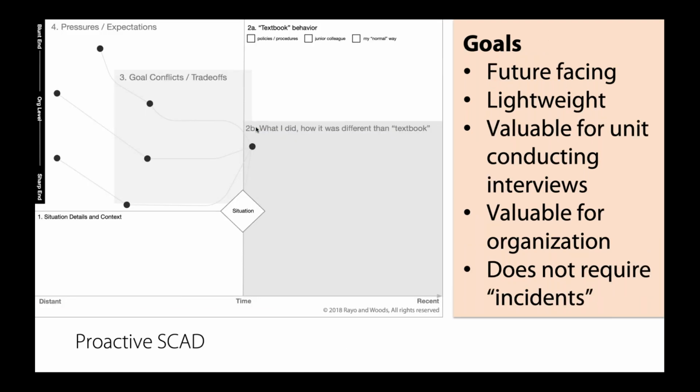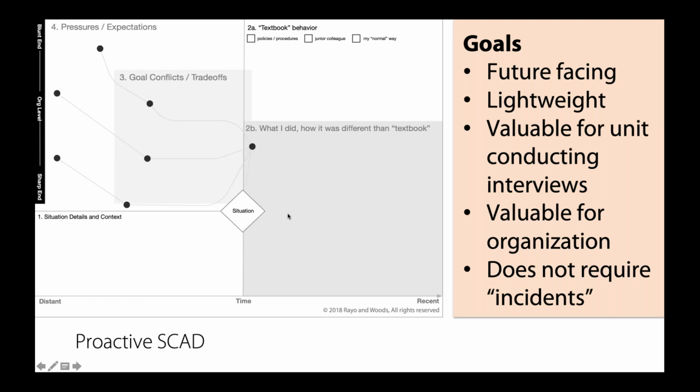This is the one we're working on right now, where either the frontline workers themselves or a safety professional can work with them to start understanding. First, give us some background about the situation that precipitated an adaptation. Tell us about the textbook behavior that should guide your actions. Now tell us what you did and how it's different than textbook.